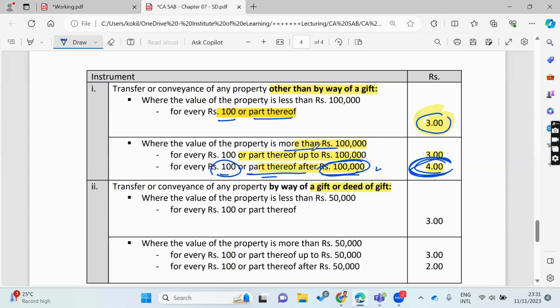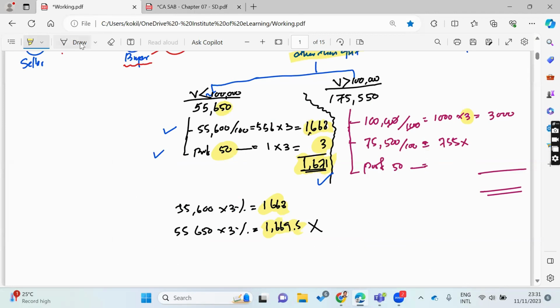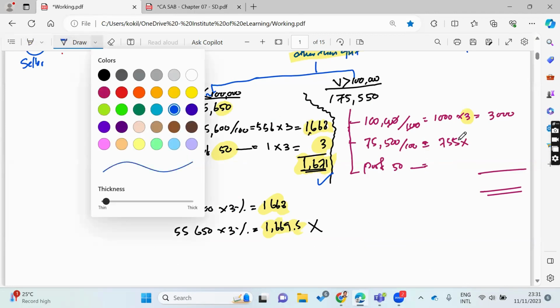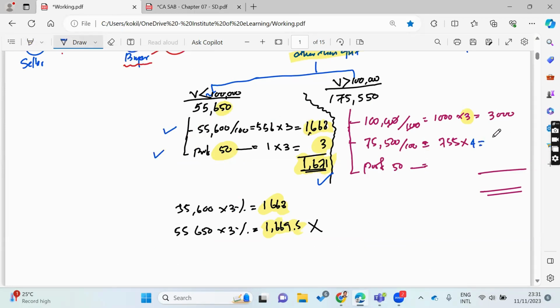The property value is more than 100,000, so you multiply by 4, in a different color. 755 multiplied by 4 is 3,020. One part multiplied by 4 gives 4 rupees. Altogether, 6,024 would be your stamp duty.